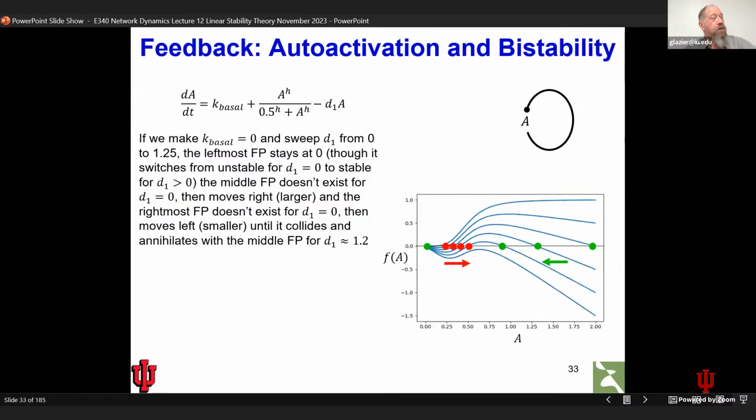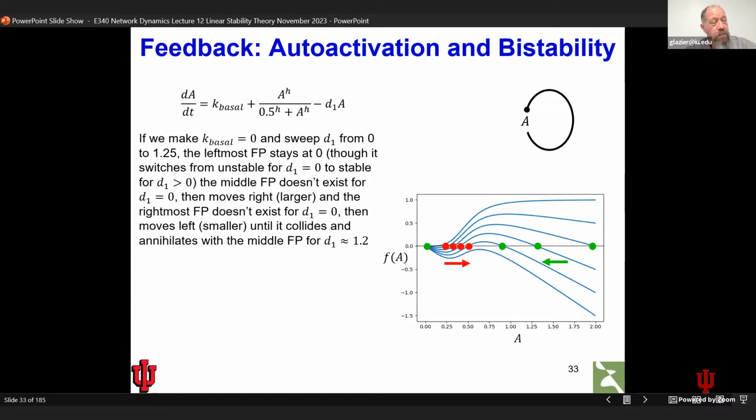All right. So your next assignment is: what if we change D1, the decay rate, instead of K-Basel? That effectively pivots our curve downward as we make D1 bigger.